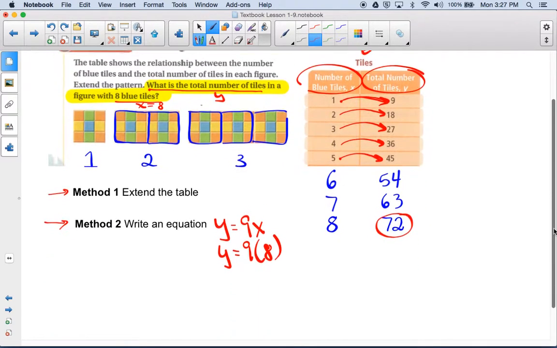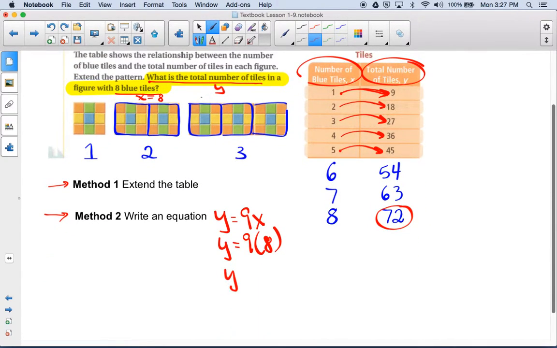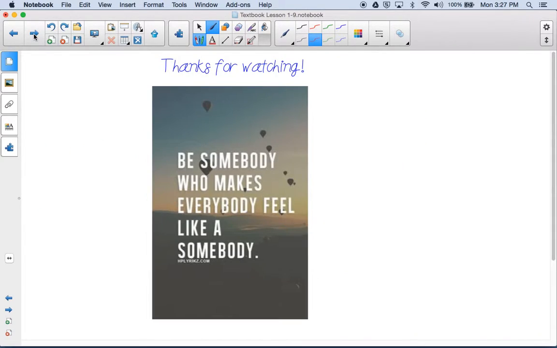Okay? So I'm going to get y equals 72 total tiles, which is the same thing I had here. So this was 2 different ways to make a prediction based on a pattern that we were given. We could extend the table, or we could write an equation and use it. So thank you for watching this video, and we'll discuss this more in class.